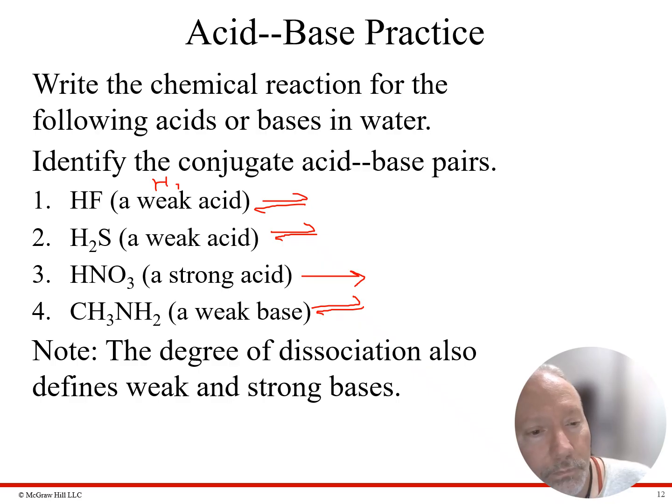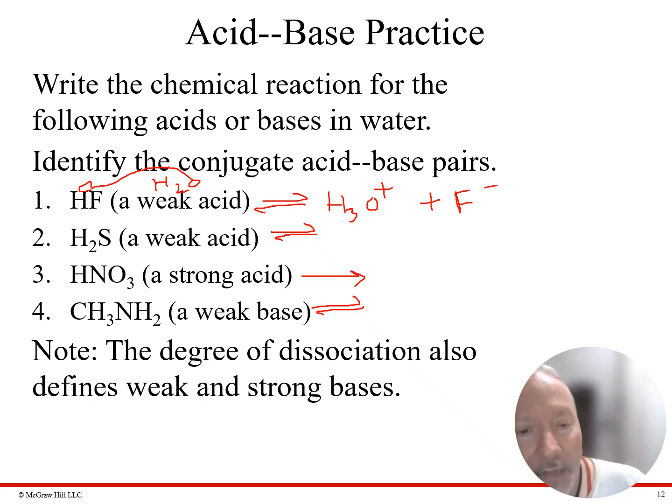So if dissolved in water, it will come over here and take that proton, and you will end up generating H3O+. That's the hydronium cation, and then you will generate the anion, which is the conjugate base. The hydronium cation that you produce is a conjugate acid.